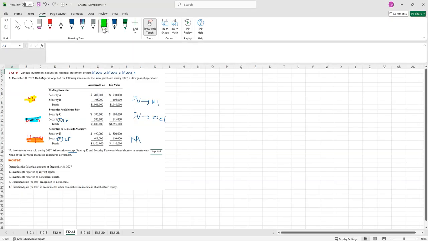pick a color here that I haven't used, essentially are going to be 910, 100, 780, and then in this case, 490, right? Because remember, this is amortized cost for how we account for it.